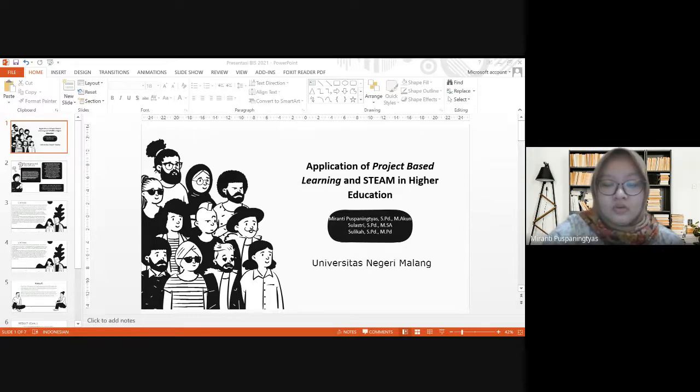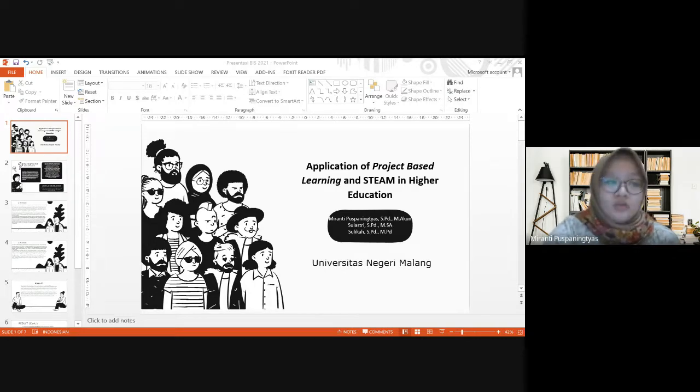Therefore, this study aimed to apply project-based learning with a STEAM approach to accounting learning, based on several sources that we have sampled before.